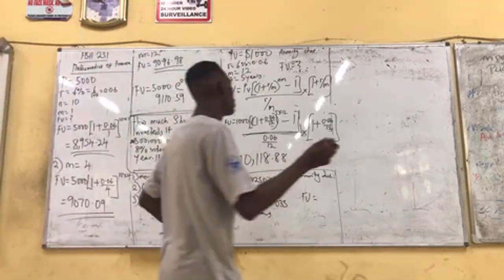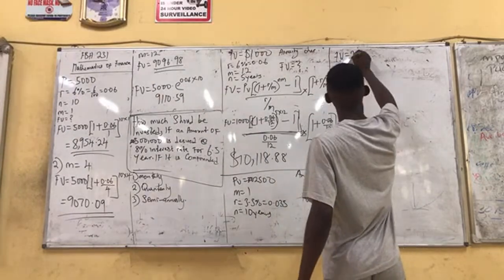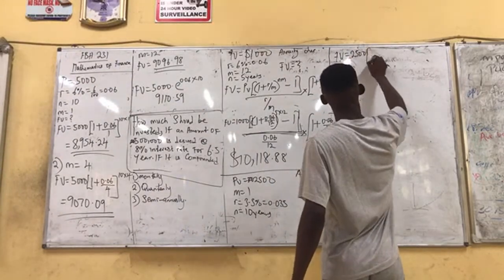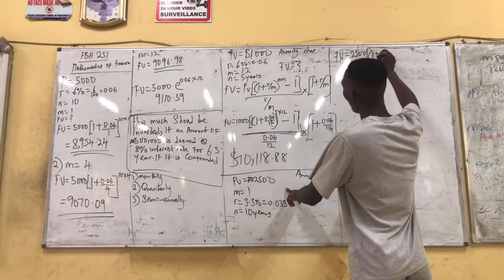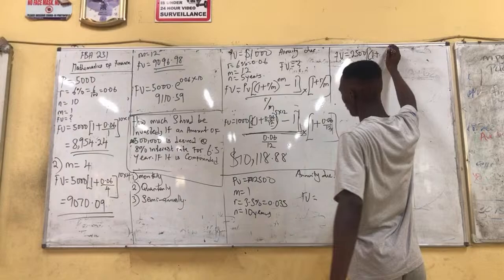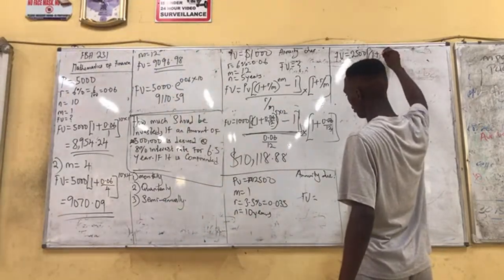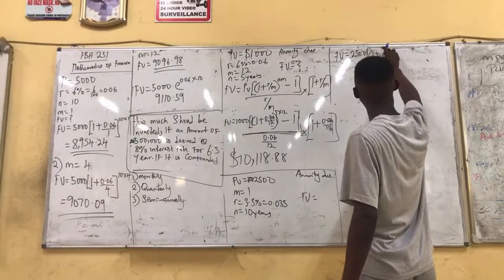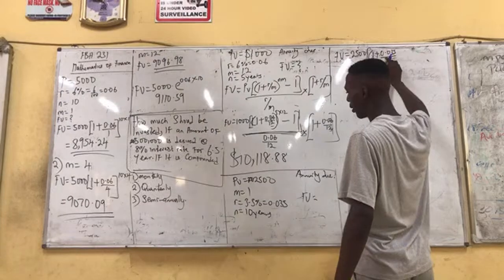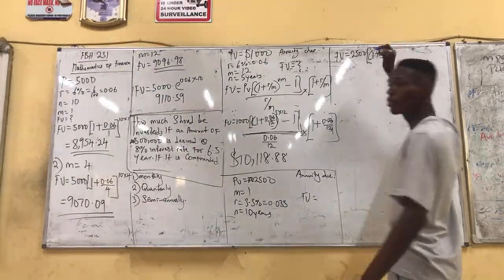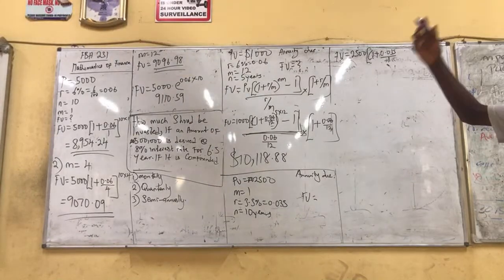Alright, so our future value is equal to our payment of 2,500, open bracket, 1 plus our rate. Our n is what? 1, because we were told that it was per annum, per year, which means once in a year.